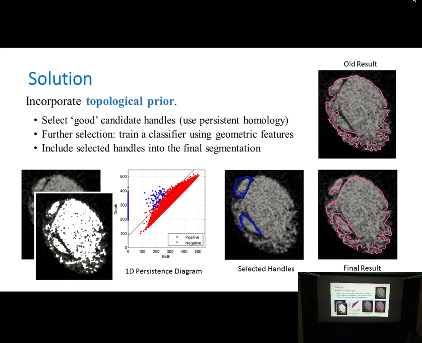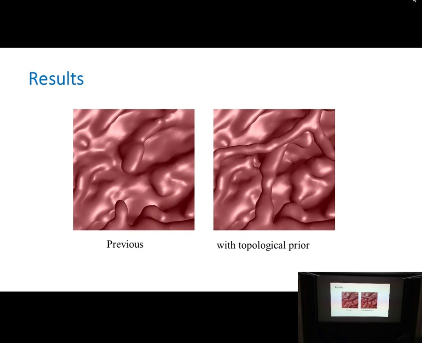Okay, just to compare, this is the original result using a standard segmentation method. We explicitly enforce these handles to be part of it. Okay, so here's a zoom-in observation comparing the two results. As you can see, this is a clear example where the mesh, the handle, is missing, and our method is able to reconstruct it.